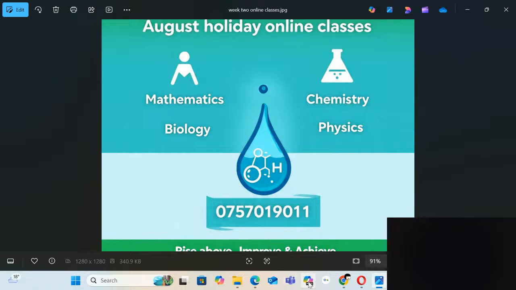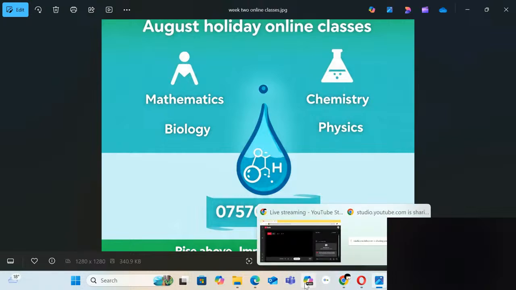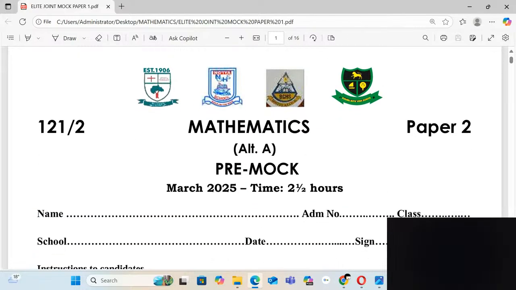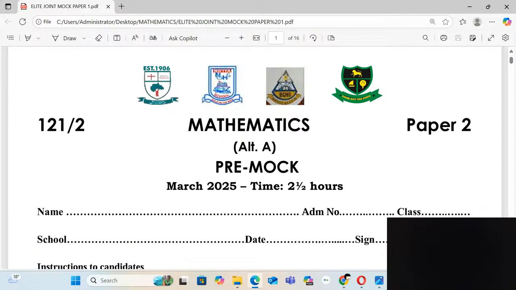Now today we are going to look at the Elite Jet, that is mathematics paper 2. We're going to look at section 1 for today. Then tomorrow we're going to look at section 2. So this is the paper.